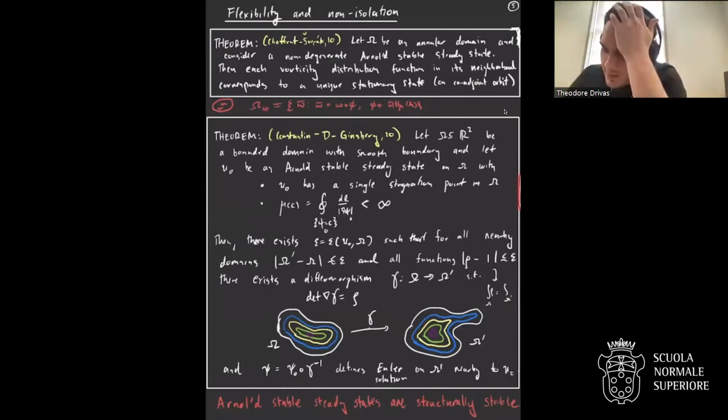And this will appear later in the talk, so I'll mention this result later. So, okay, it says that Arnold stable solutions are structurally stable. So you make some perturbation of domain or metric or whatever, you find a nearby stable solution that just changes a little bit to conform.